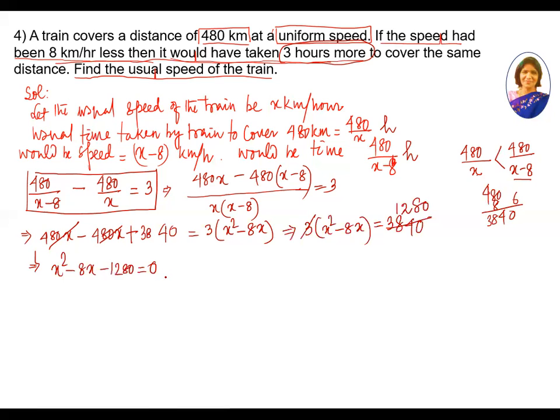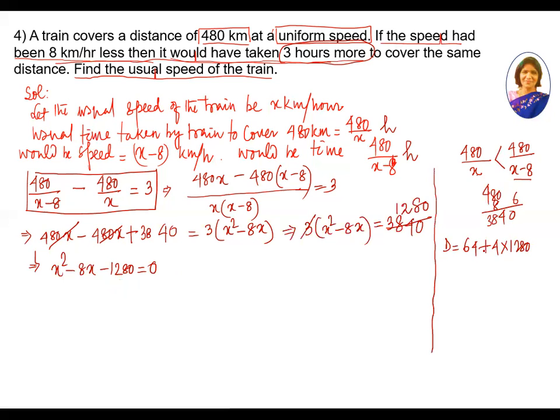Now you have to solve it. This is the quadratic equation, you have to solve it. So here I am applying the quadratic formula because 1280 is a very big number. So what is the formula? I'll first find the D. D is equal to b square, 8 square 64, minus 4 into 1 into 1280.